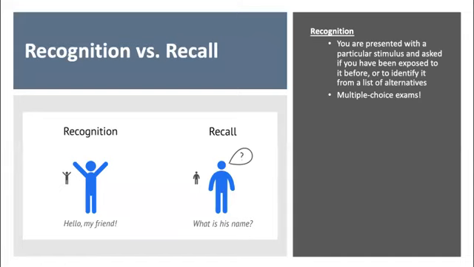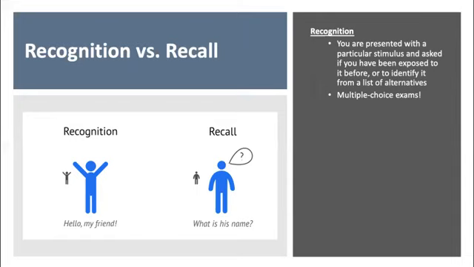Now, when we're retrieving information, it may be either to recall information or to recognize material you've seen before that has been stored in your memory. Recognition is when you're presented with a particular stimulus and then asked if you've seen it before, right? Or you're shown the information along with a bunch of other information, and you're asked to identify the correct one.